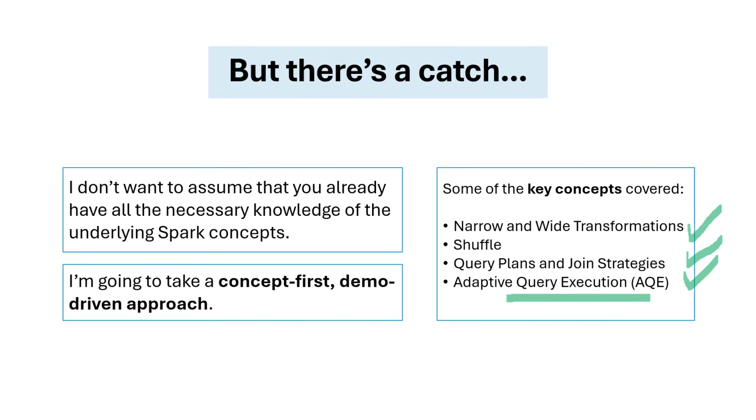For each of these concepts, I will first walk you through the theory and then use practical examples to show you what that concept actually looks like in Spark UI. The idea is not simply to memorize what these concepts mean. It is to understand how they manifest themselves in the Spark UI.